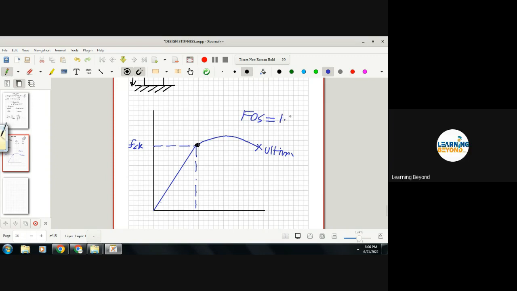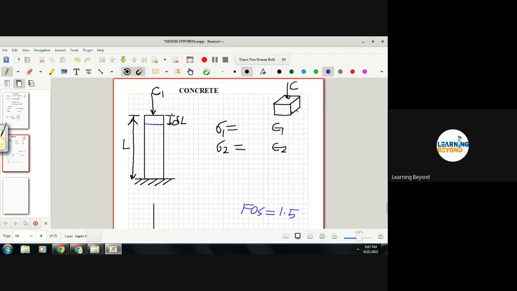Now there is one more factor of safety, the shape factor of safety. See, as we are testing the cube, all of you know that we test the cube in the lab. And all of you know that whatever beams, columns or slabs are there in the building or in any structure, they are not cubes. They have different shapes. A beam has a rectangular cross section and a big length, a longer span, 4 or 5 meter long.